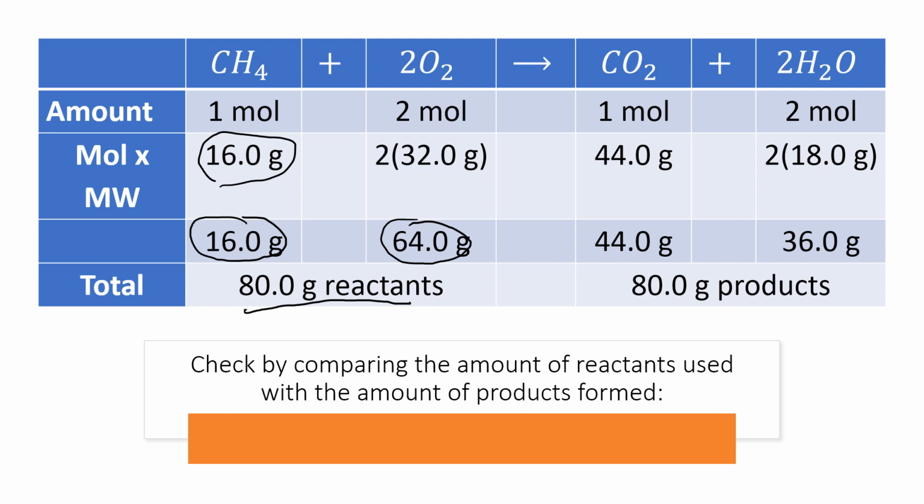So, if we add that, we have 80 grams of products. So, ibig sabihin, we have followed the law of conservation of mass. Okay, so kasi equal sila. Yan naman lagi. So, that is a law. Okay?